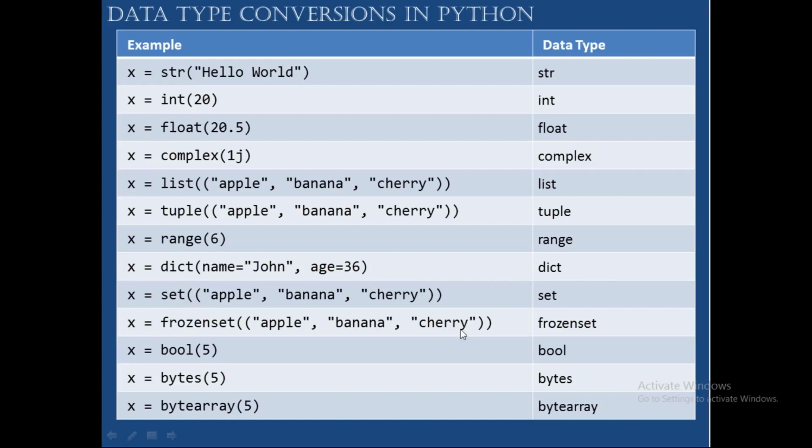Okay, set, see set function I'm using to convert any value to set. Meaning you just give the duplicate values, try to convert into set, it will remove the duplicates and give you. Frozen set, same thing, only the difference is set and frozen set. Set is mutable, frozen set is immutable. Bool is nothing but true or false.